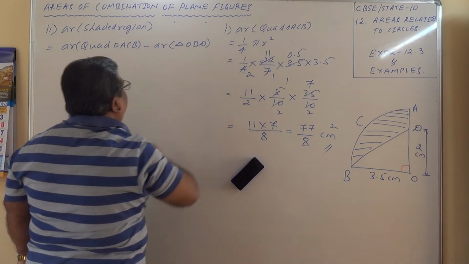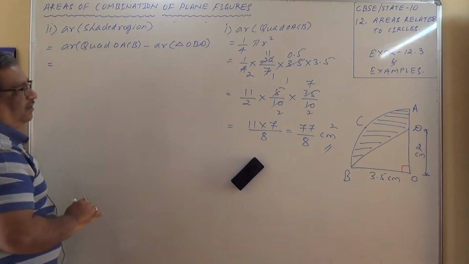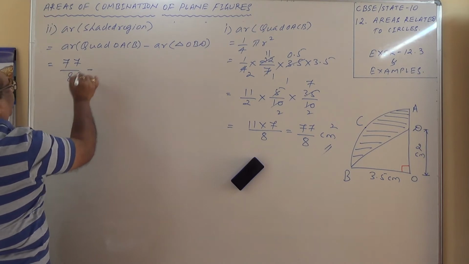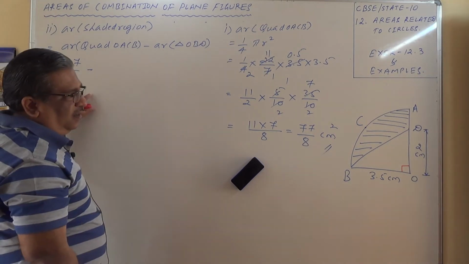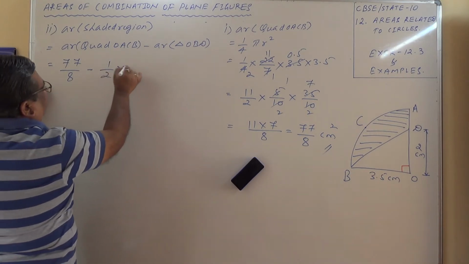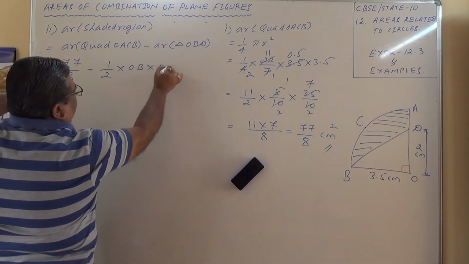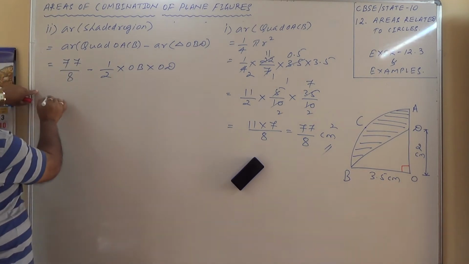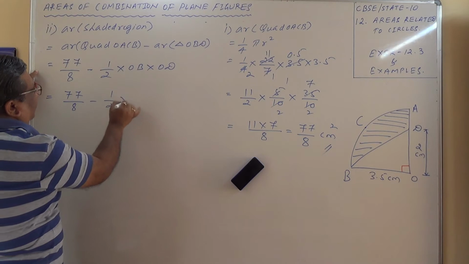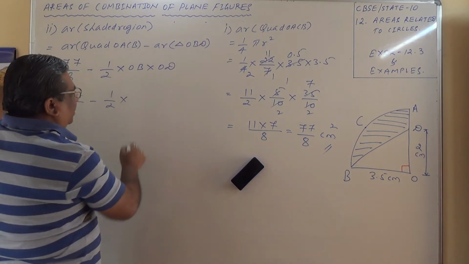It is a right triangle. What is the area of the quadrant? 77 by 8 minus half into OB into OD. Half into OB into OD. 77 by 8 minus half into OB is how much?